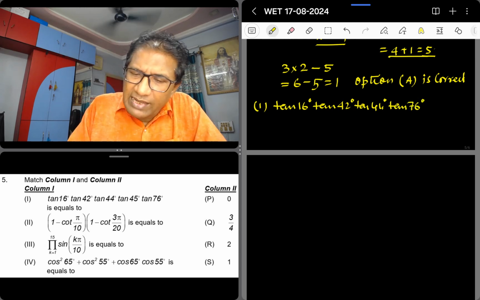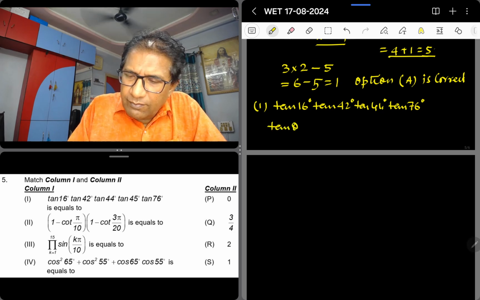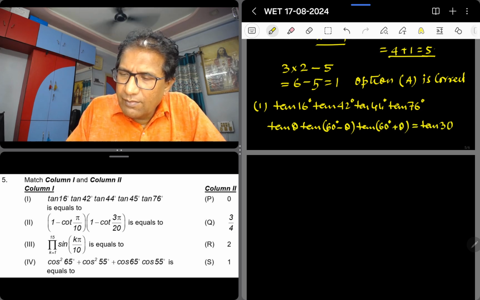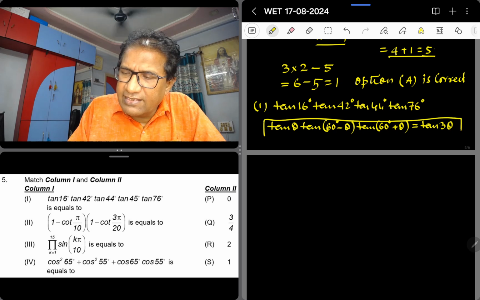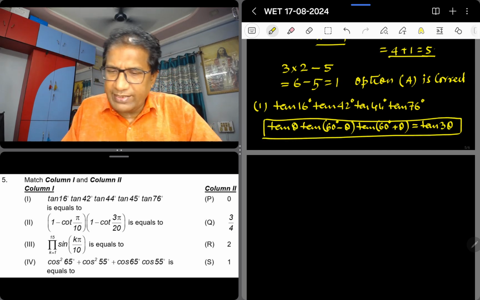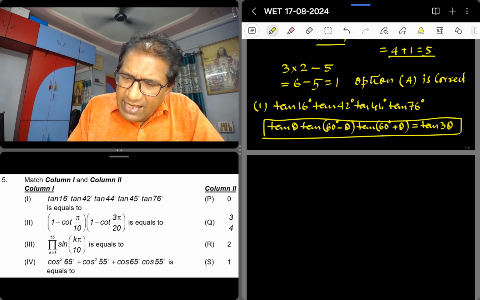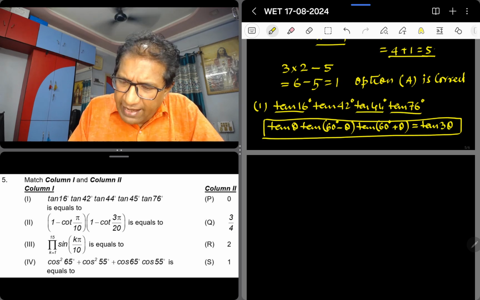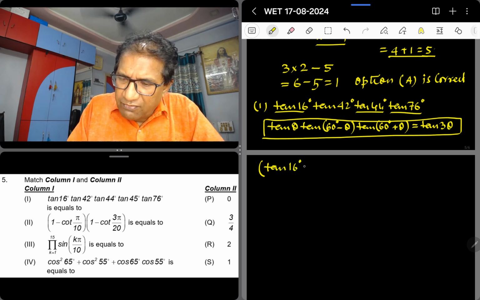So again we have a relation: tan theta tan (60 minus theta) into tan (60 plus theta) is always equal to tan 3 theta. So in this case, if we observe, we will find that tan 16, tan 44 and tan 76, these 3 terms are falling in this category.